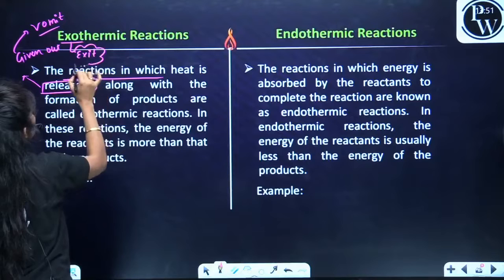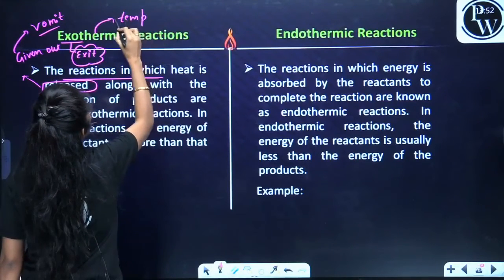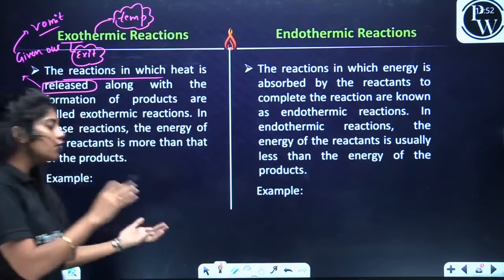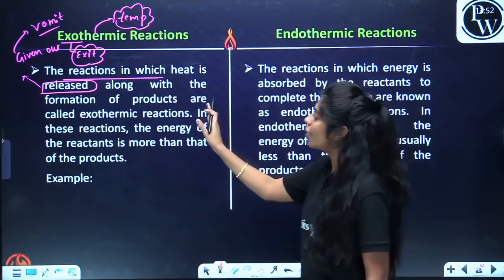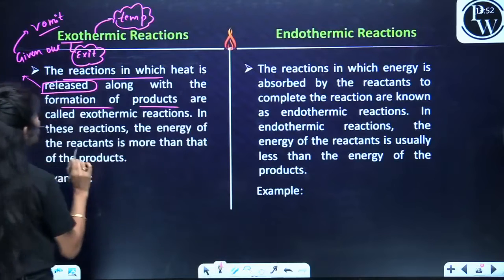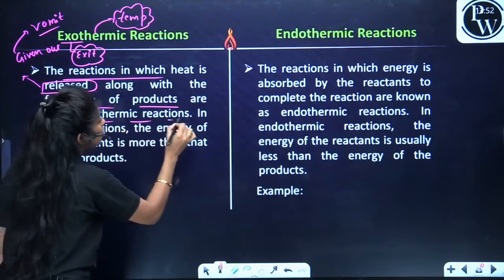Thermic is related to temperature, no? And temperature is related to heat again, right? So exothermic is clear: the reaction in which heat is released along with the formation of product. Definitely product will be formed. These kinds of reactions are known as exothermic reactions.